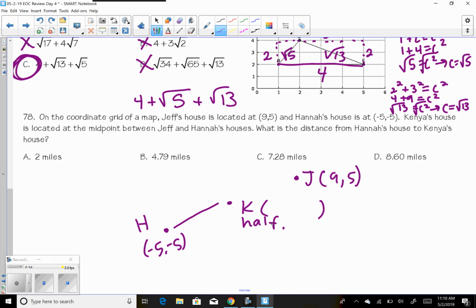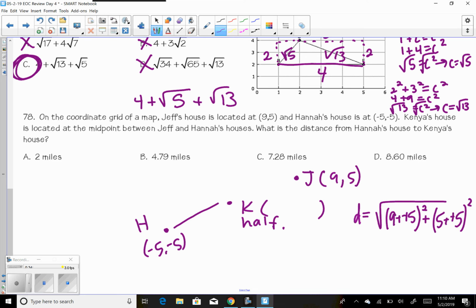Instead of finding the midpoint and finding the distance, can we find the total distance from Hannah to Jeff? All right, so let's find the distance from Hannah to Jeff. So distance, we're doing Hannah to Jeff. That's 9 minus -5, squared, plus 5 minus -5 squared.